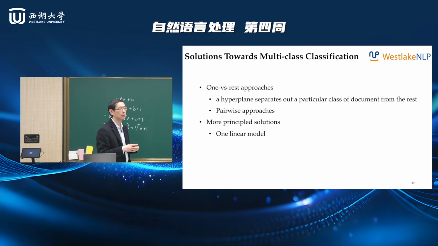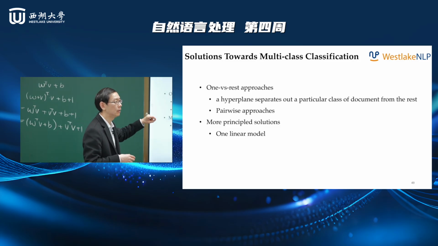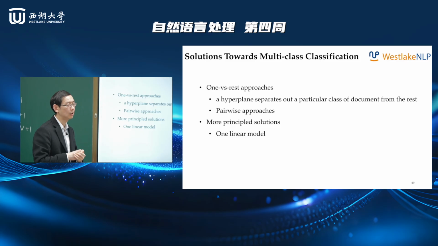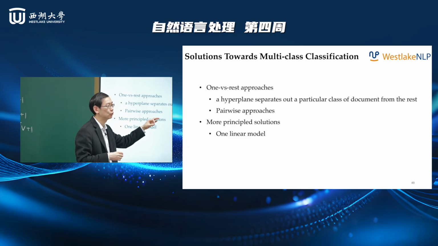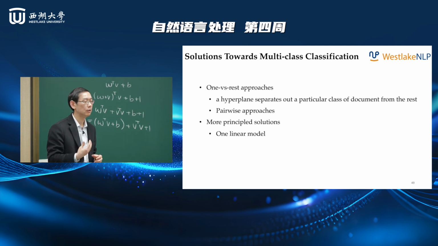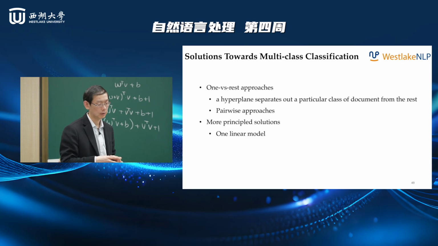You want to do three-way classification, and this is called one versus the rest. Maybe you train a binary classifier to identify class 1 versus the other two classes, and you train another classifier to identify class 2. Then you merge the results of all these classifiers to make a decision. But this is very ad hoc.